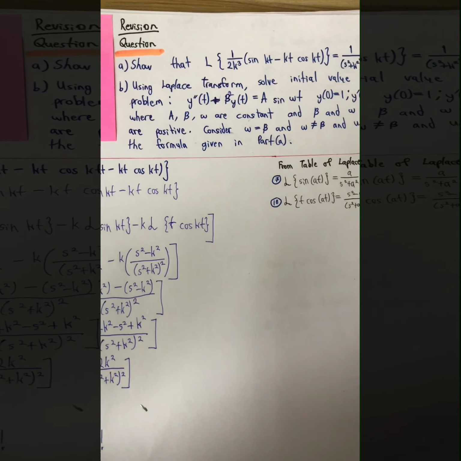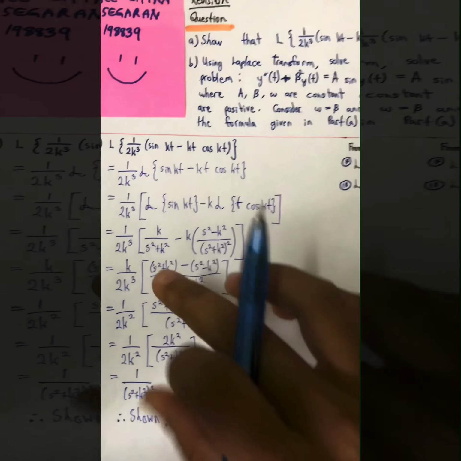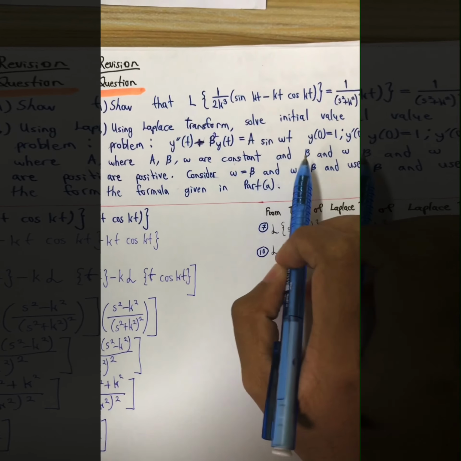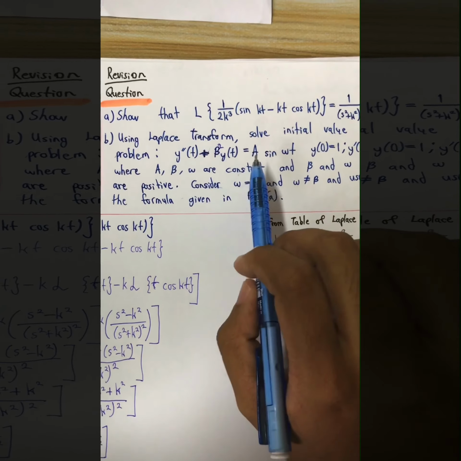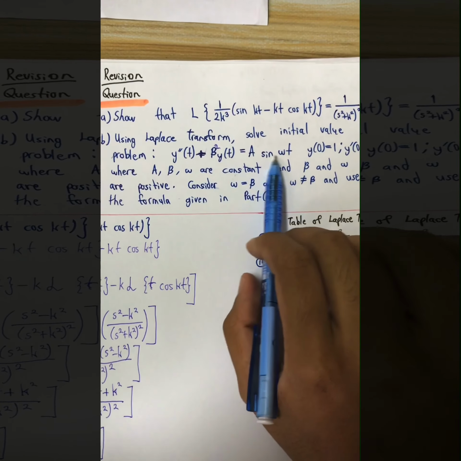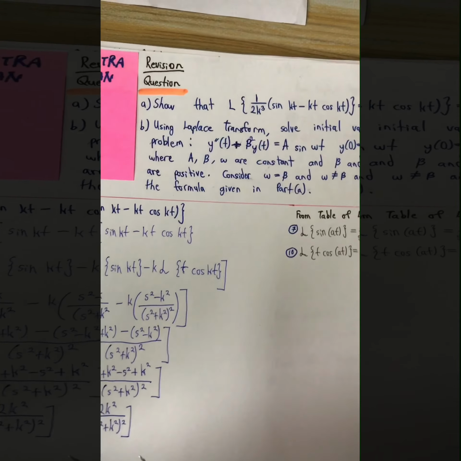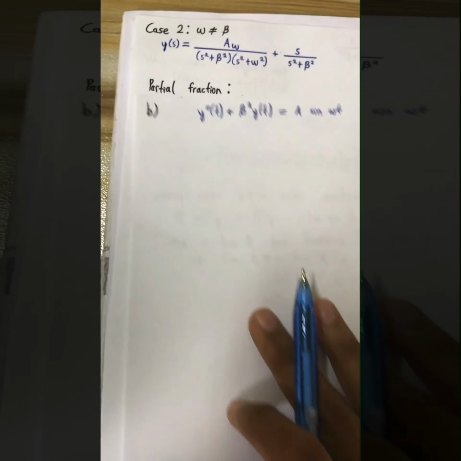Just now we have done part A, so now we move to part B, where we need to solve the initial value problem given by this equation and this initial value. The first step that we need to follow is to apply the Laplace transform to both sides of the equation.